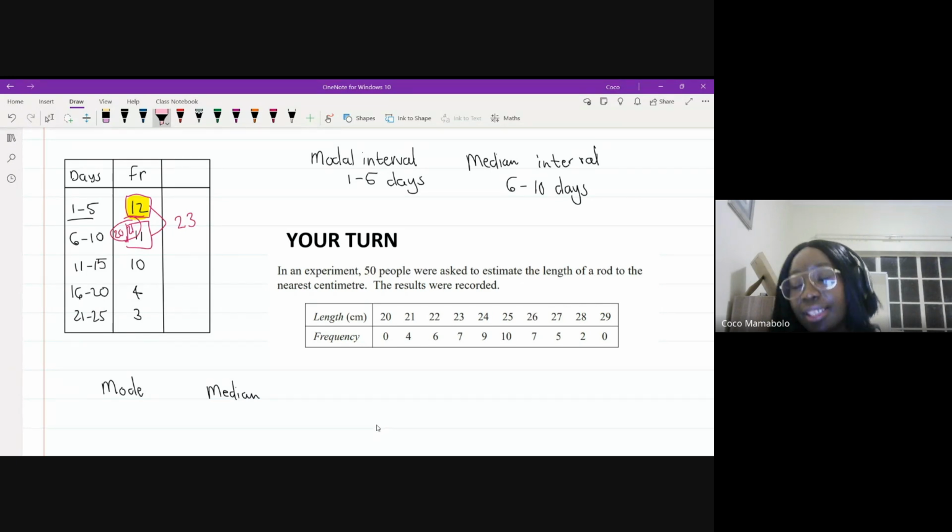But what does that tell us about the centimeters? That's correct, Princess. Right. So the highest frequency is 10, but that means 10 people guessed 25 centimeters. So the modal length is 25 centimeters.